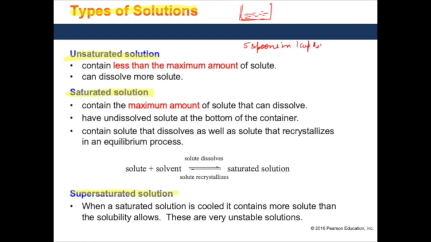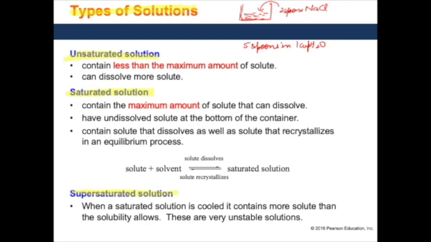If this is the solubility of our salt solution, and I start with 1 cup of water and add 2 spoons of salt into this, and that salt completely dissolves, now this solution is called an unsaturated solution, where I have not reached the maximum amount of solute that is possible. Maximum I can add 5, I've only added 2 yet, so this is an unsaturated salt solution, when your amount of solute is less than the maximum amount possible.